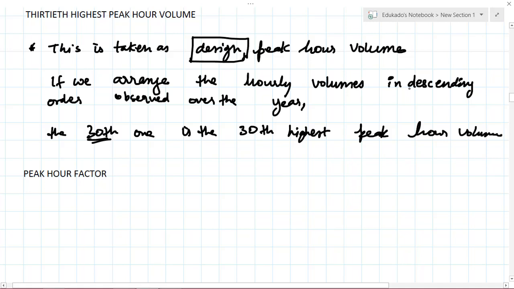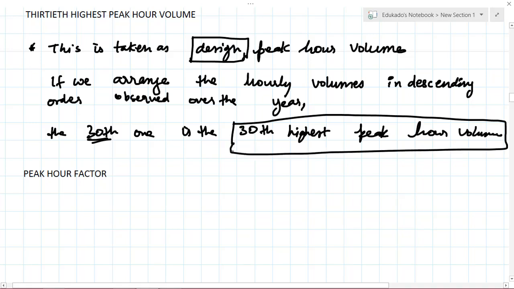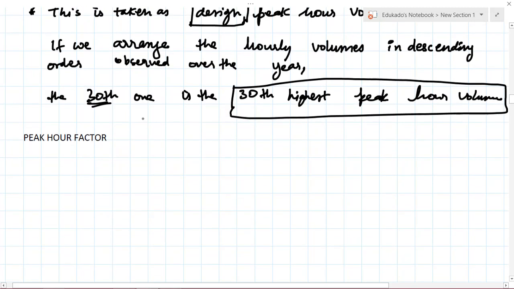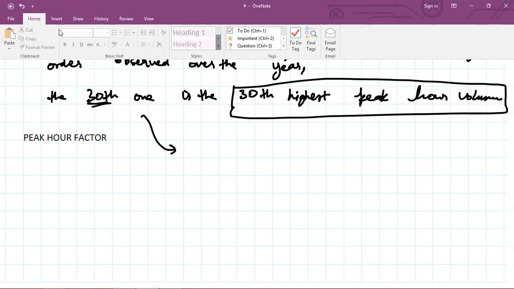So if you arrange it in descending order, then the 30th in the counting will be the 30th highest peak volume. It's simple, not too difficult to understand, but this is the value that we use for design purposes.